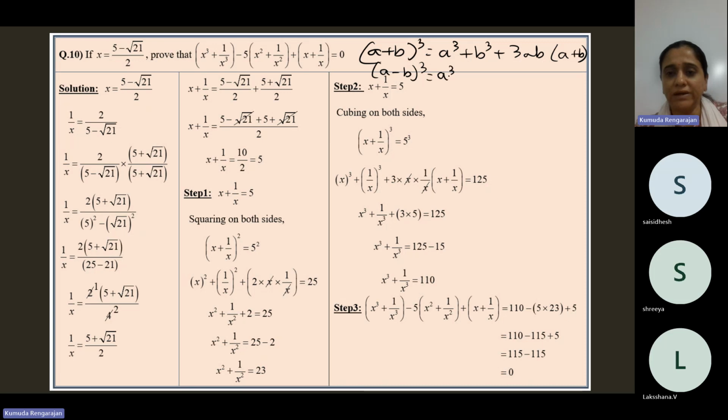It's a cubed minus b cubed minus 3ab into a minus b. Please memorize, remember them. That's what you say here. A cubed plus b cubed plus 3 into a into b into a plus b.